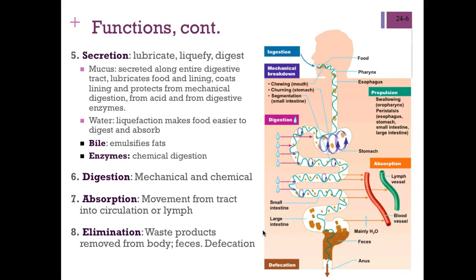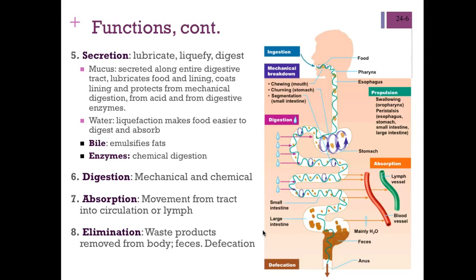And then our fifth function is secretion. So we're going to be able to lubricate, liquefy, and digest our food in this way. I mentioned previously that mucus was going to be found mixing with our food, and we talked about some mucus glands along our GI tract.